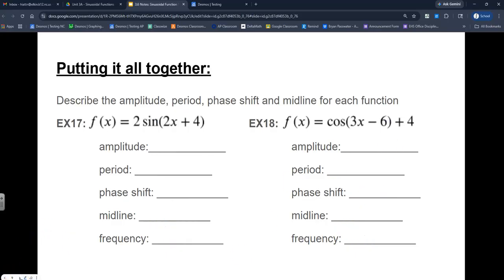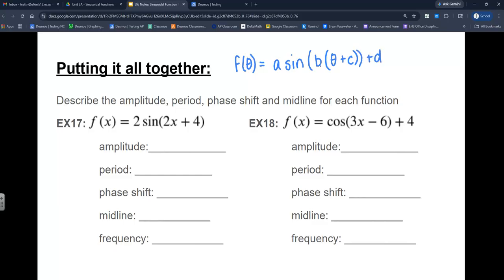Moving on, let's look at these problems. For 17, we've got a little bit of an issue. The formula that you saw a couple slides back looked like this: f of theta equals a sine, and then you had parentheses b, another set of parentheses, theta plus c, closing two sets of parentheses, plus d.